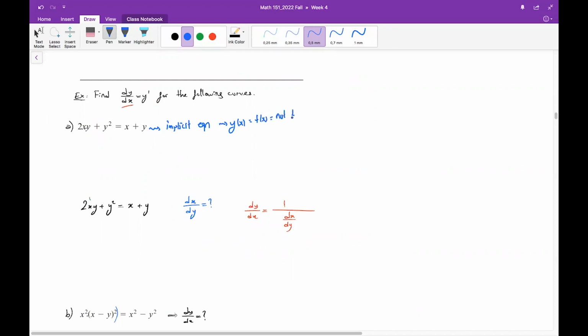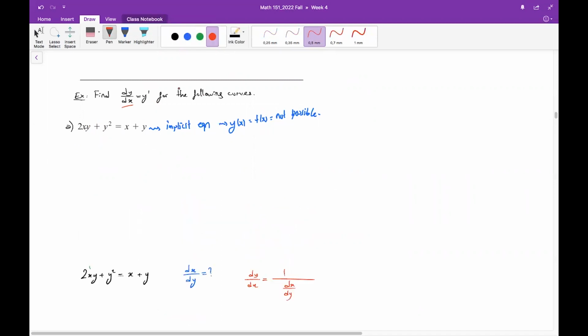This is not possible. That's why we will take this implicit equation and try to differentiate both sides by using implicit differentiation. Okay, let's try it. So d over dx. We are taking the derivative with respect to x.